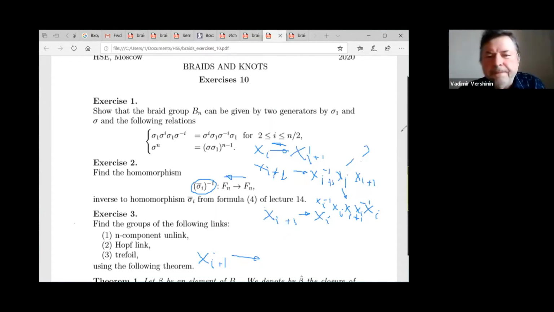So the image of x_i should be the following.